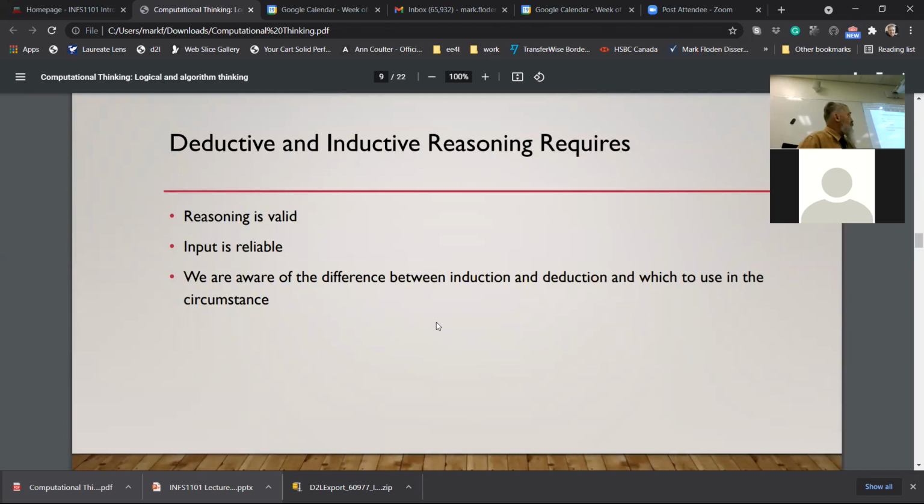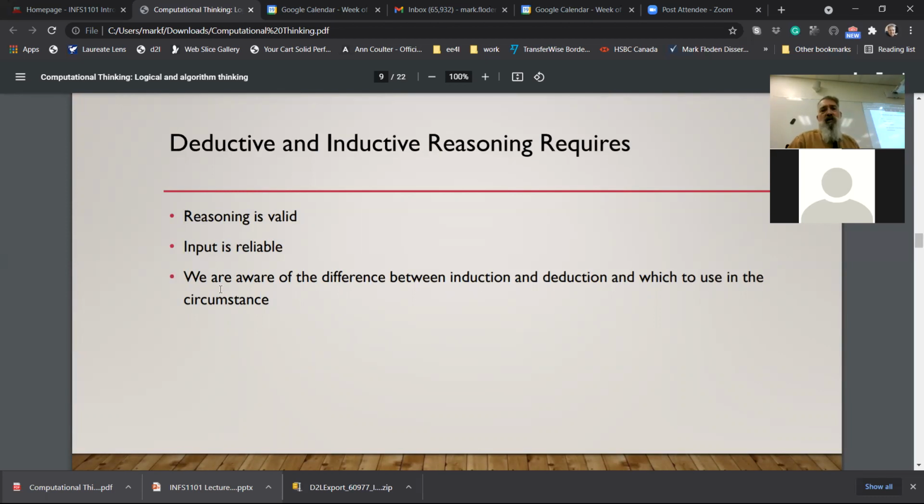So when we're doing our reasoning and our logic, there's some things that we have to do. We have to check that our reasoning is valid. I gave you a couple of examples of valid and invalid reasoning. We have to check that our input is reliable. Those could be the premises coming in, all right? And then we're aware of that. Then we need to know, for this particular problem, do I need to do some kind of induction, which is going to be some uncertainty, or is it something that follows directly?